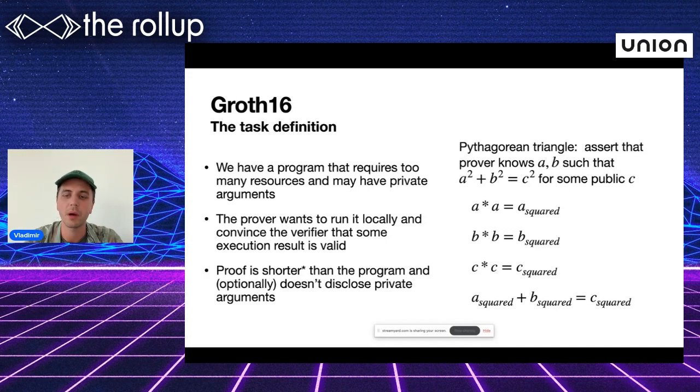By the way, the problem of finding A and B is believed to be hard because it involves factorization of C. Of course, the problem of checking is easy, but it's very visual, and it will help us go through the transformation of this program step by step. So let's go.